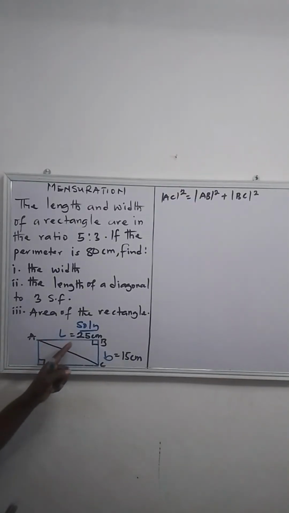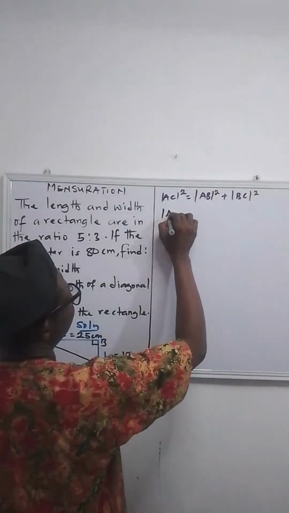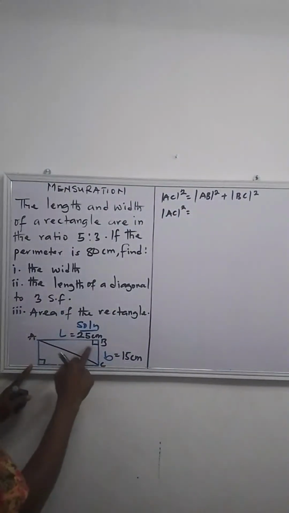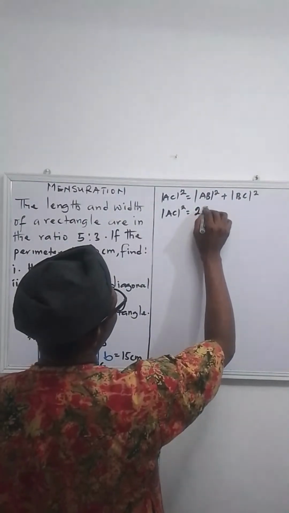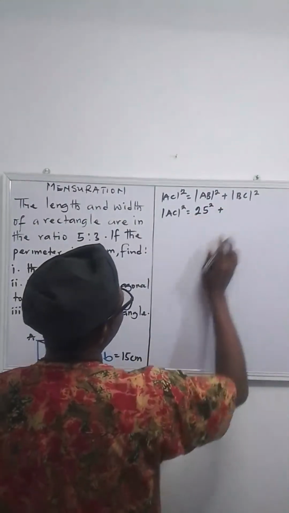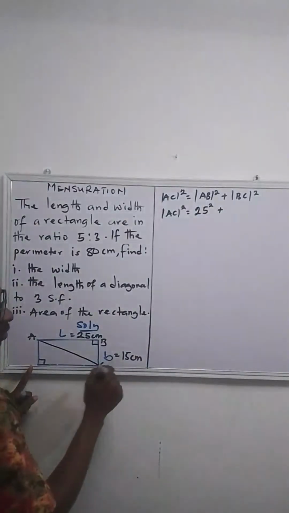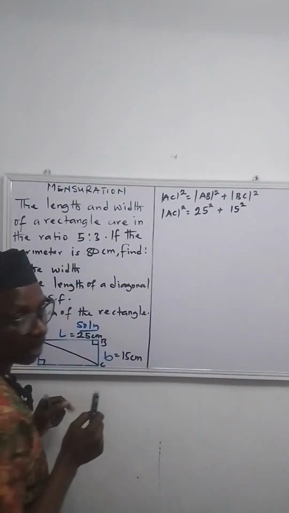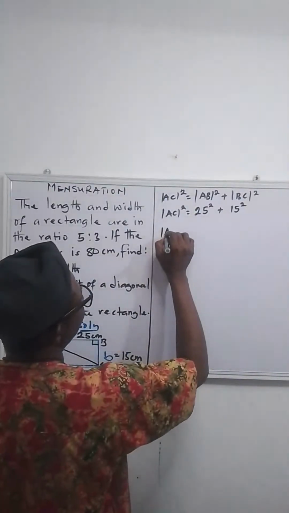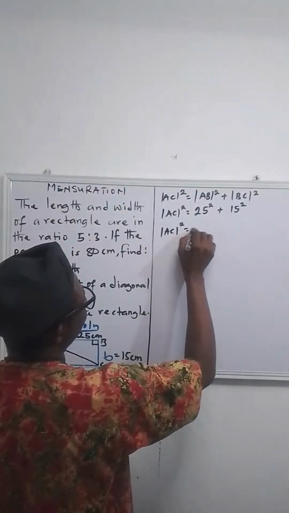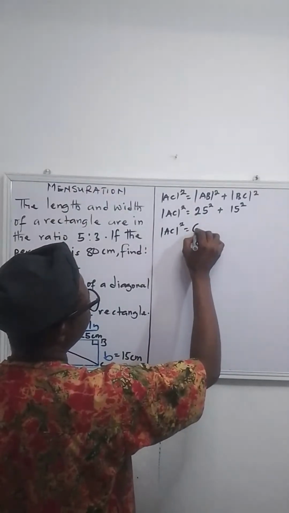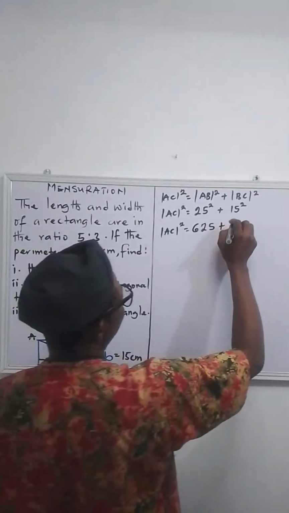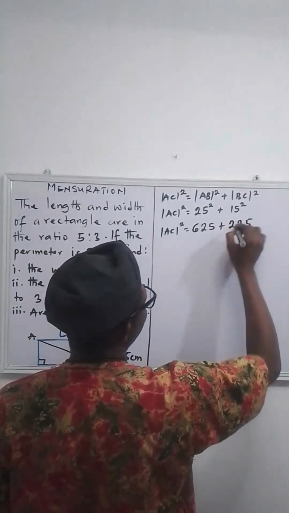So now we have AC square equals, now AB is 25, so we have 25 square plus BC, that is 15 square. So we have AC square equals 25 square is 625 plus 15 square 225.